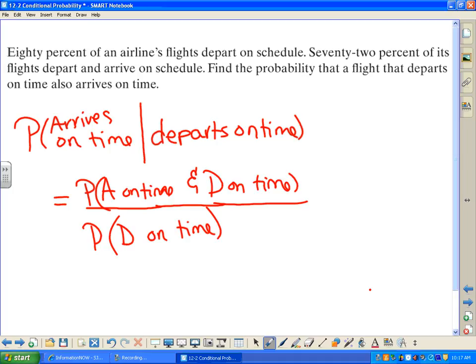Okay, well, let's read up in the problem. Do we know what the probability that an airplane arrives and departs on time is? Yeah, it says 72% of its flights depart and arrive on schedule, on time. So 0.72. Do we know the probability that it departs on time? Yeah, 80%, right?